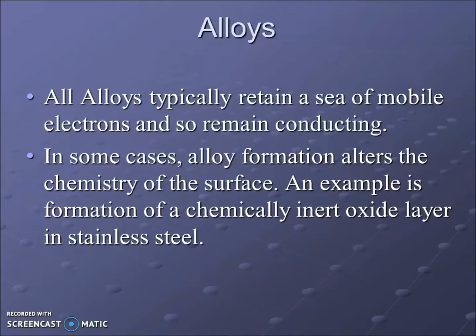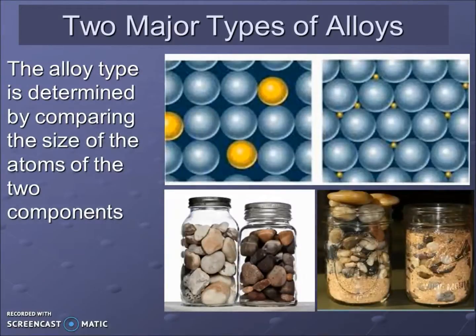And that chromium oxide is pretty stable. And so when the chromium atoms react at the surface of your steel with oxygen, you have that chromium oxide, which is now pretty inert. And so the oxygen from the air can't get to the rest of the iron in there. And so stainless steel doesn't rust nearly as easily as regular steel. So if you're buying a grill to keep outside, it's a good idea to have a stainless steel grill.